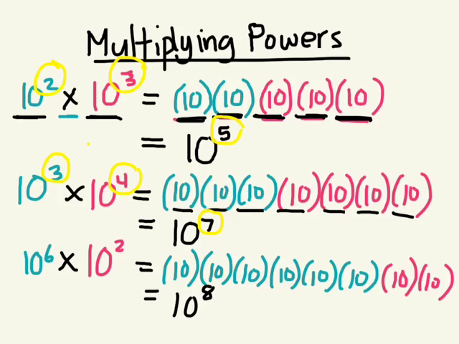Again, look at the exponents. 6 and 2. What was the answer? 8. Here we had 3 and 4. What was the answer? 7. Here we had 2 and 3. What was the answer? Anyone figure out a pattern or a rule? Okay, so we notice when we're multiplying powers with the same base, and I want you to copy this down.